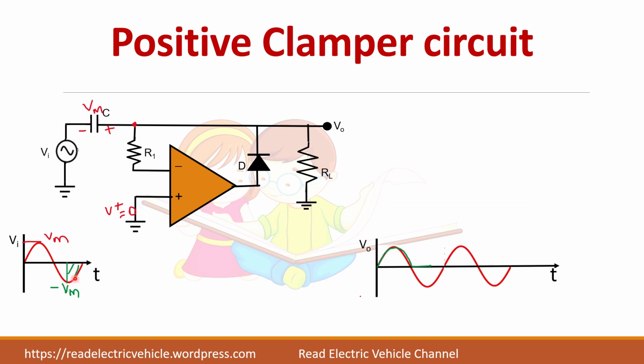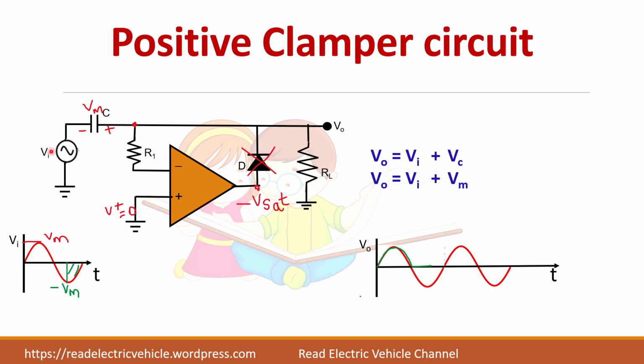So let us see the next quarter cycle. Here the voltage is increasing from minus Vm, moving towards 0. So the potential at this point also changes. The op-amp output will be minus V sat. It means that the diode will be in off condition only. If the diode is off, V0 is actually determined by the potential here.